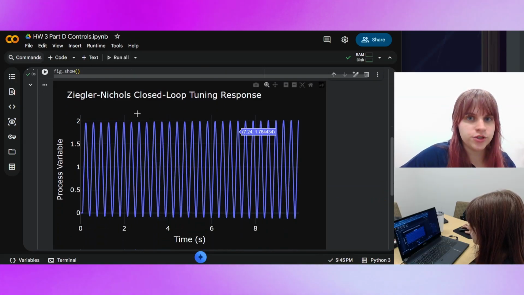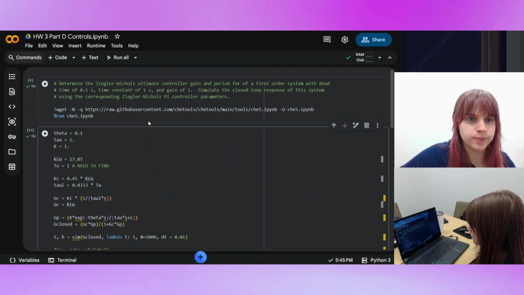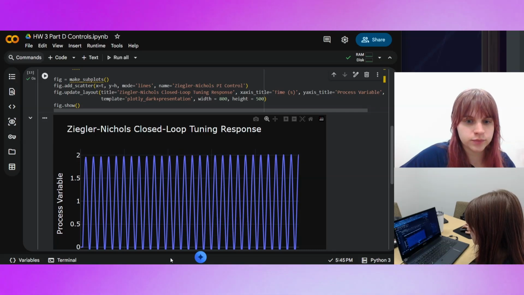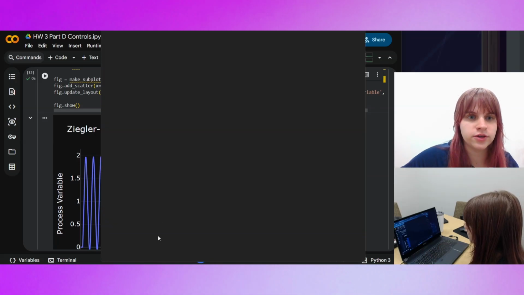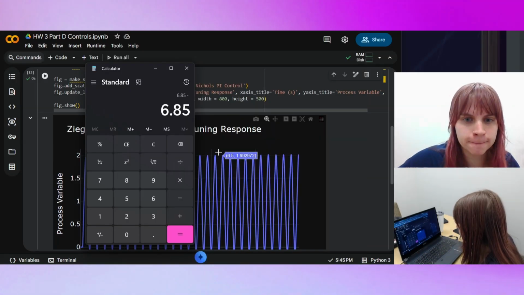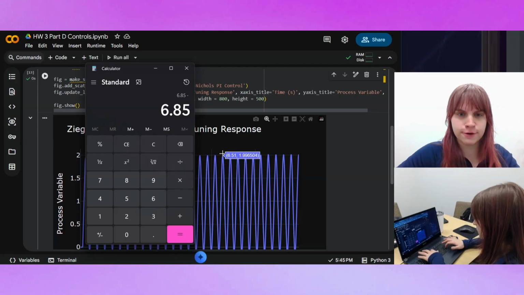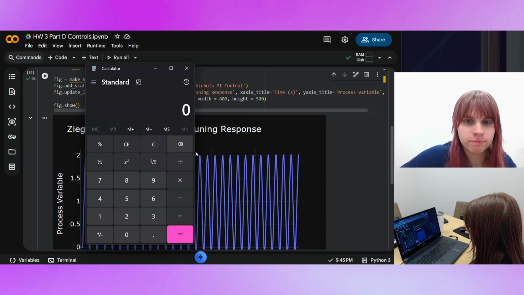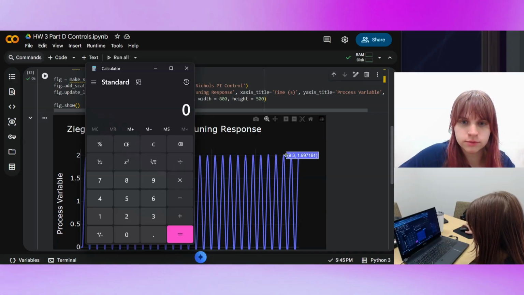And in order to find our period, we just need to subtract two of these values. I'll just open up a calculator. We have 6.85 there, and then over here 6.51. And it looks like that gives us 0.34. Let's check another one just to make sure.